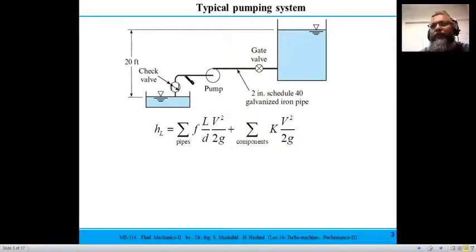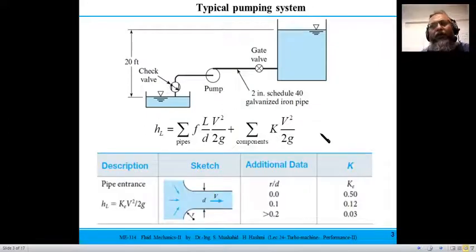And then you have some connectors like valves, like turnings, like gate valves. All these things contributing are called components. So we can work out the head loss associated with these components, and these K factors are given in different tables.